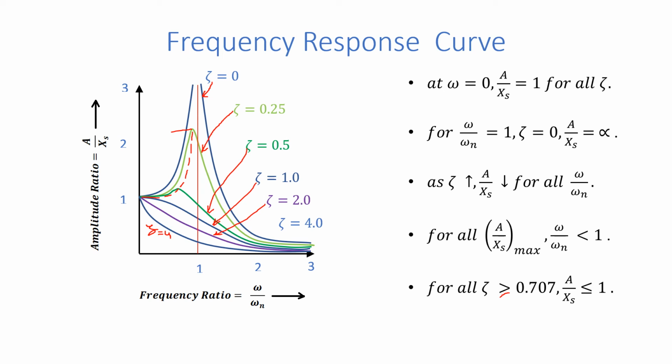Means for all higher values of zeta, the amplitude ratio is less than 1. When higher damping is there, amplitude ratio will not increase. One more observation is there. When frequency ratio is large, say 3, means external excitation frequency is 3 times the natural frequency of the spring mass system, then the amplitude ratio is quite less.